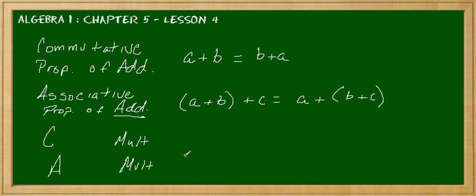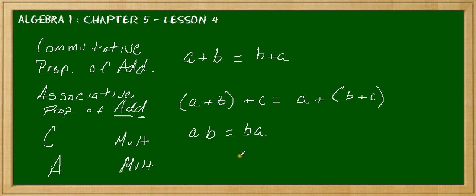Okay, so how would we write these? Well, we would say A times B is equal to B times A. Okay, similarly, as we added A and B and B and A, we can multiply A times B and B times A. Simple 4 times 2 is 8, and so is 2 times 4.